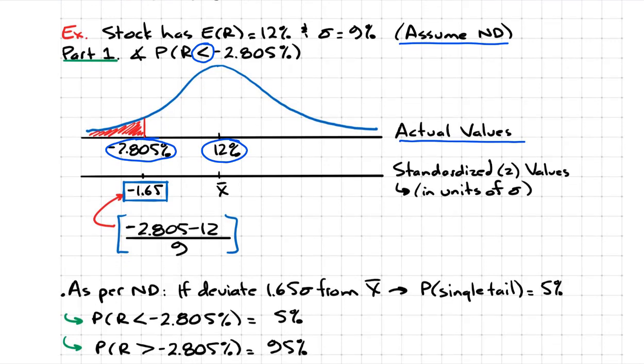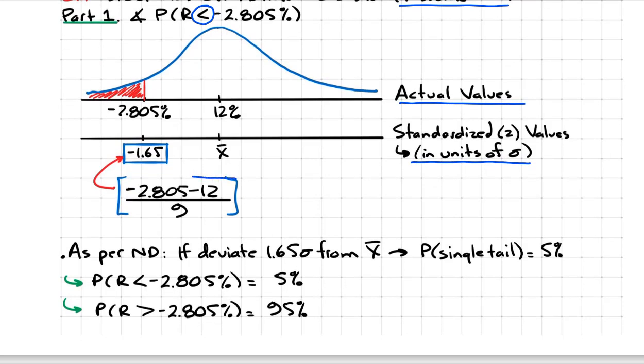Now, as I said before, for us to determine the probability under this curve, we have to indicate how far we are from the mean in units of standard deviation. So there's your calculation. How far is this number from the mean? The numerator tells us what the deviation is between the observation and the mean, but that's using actual values.